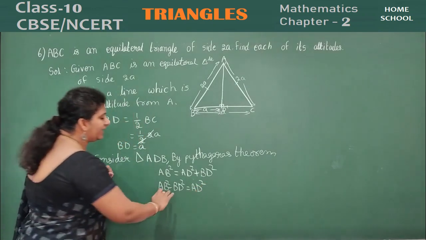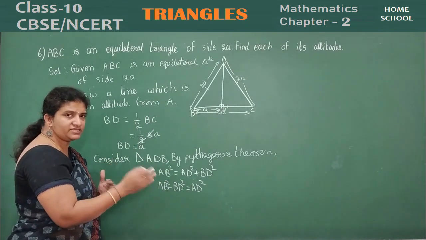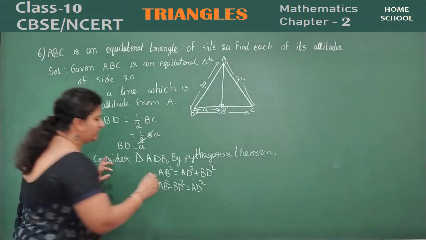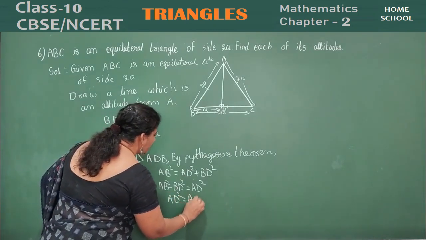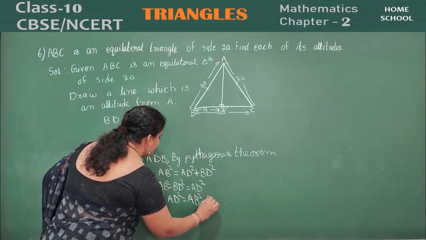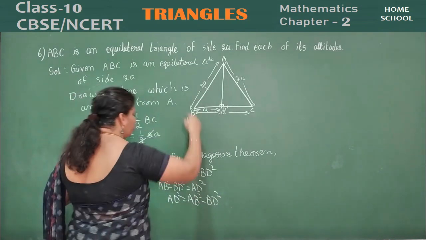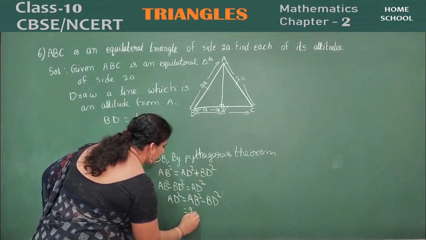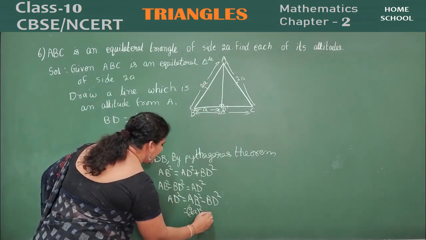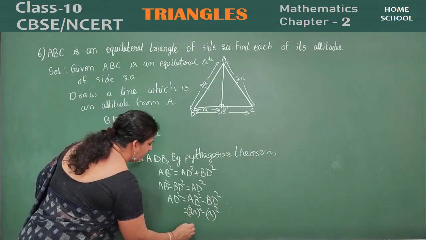Okay. If you interchange LHS and RHS, nothing will be changed. So now look here, AD square is equal to AB square minus BD square. What is AB length? 2A. AB length is 2A. And what is BD? A, whole square. Now put brackets here.